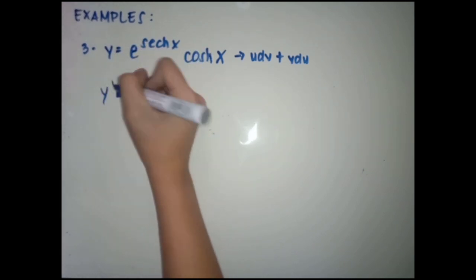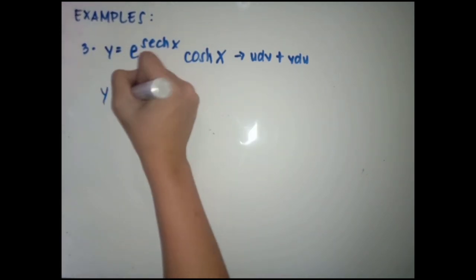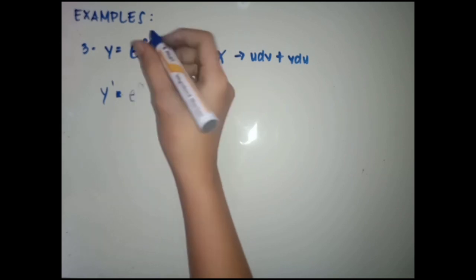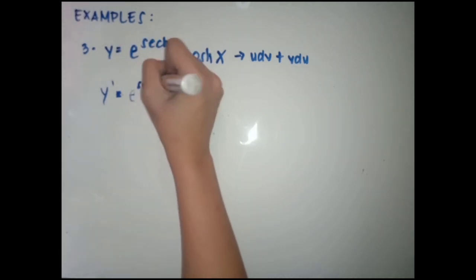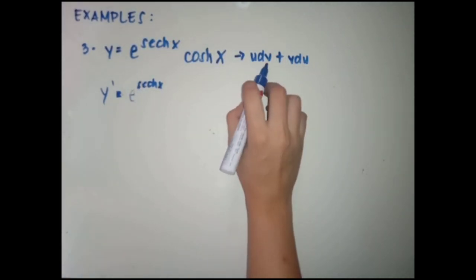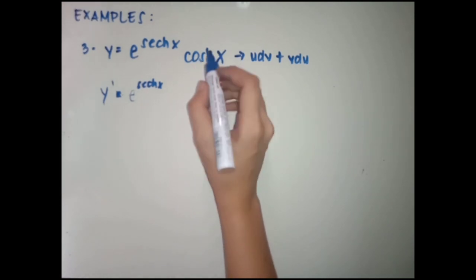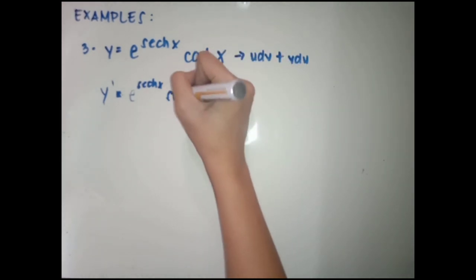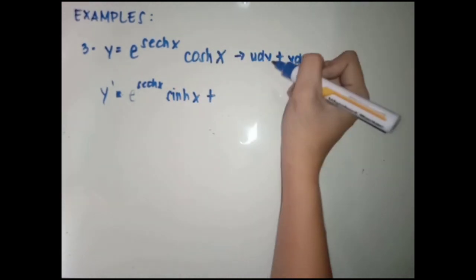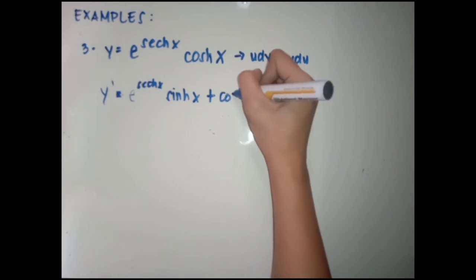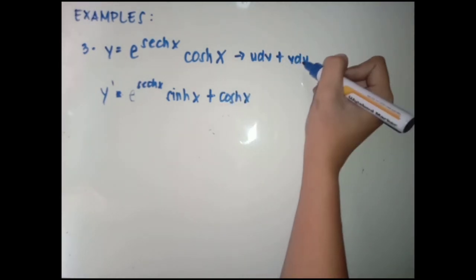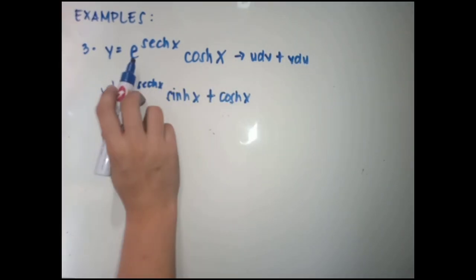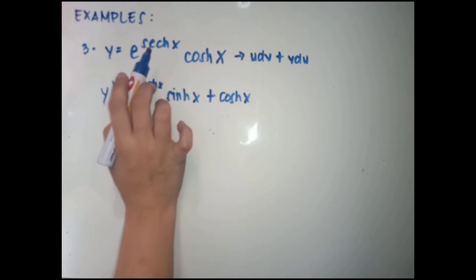So, y prime is equals to u, copy na nato ang u, hyperbolic secant x, times dv or derivative sa atong hyperbolic cosine, plus copy na nato ang v, times derivative aning u or derivative aning e raised to hyperbolic secant x.